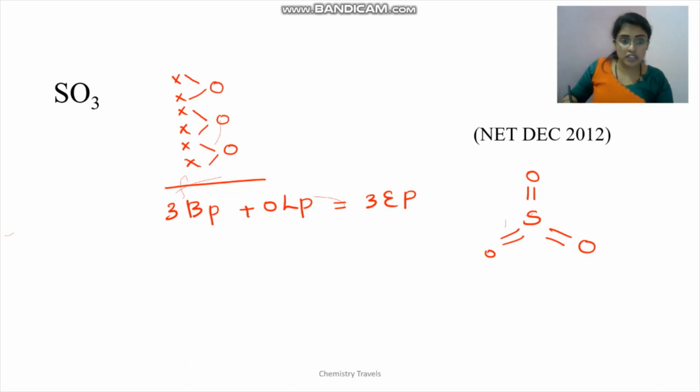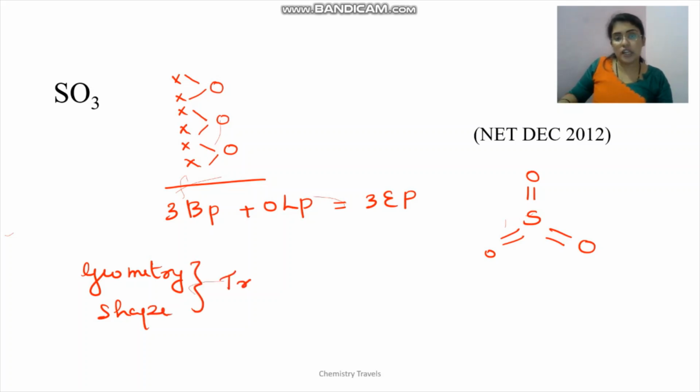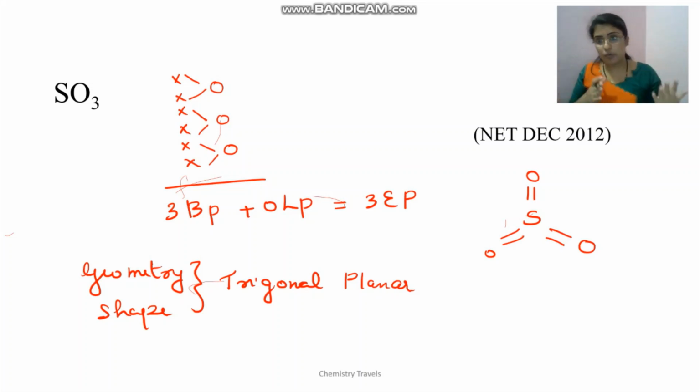Both the geometry and the shape would be trigonal planar. If it had any lone pairs, then the shape would be different. But since there are no lone pairs here, both geometry and shape are the same.